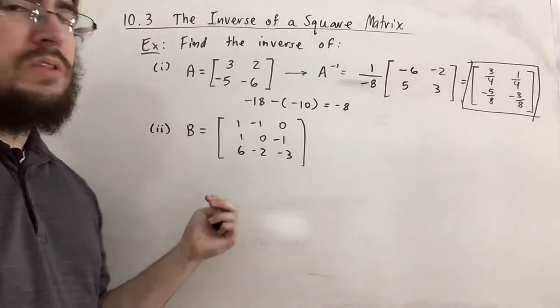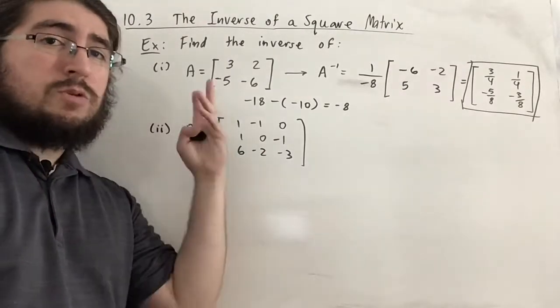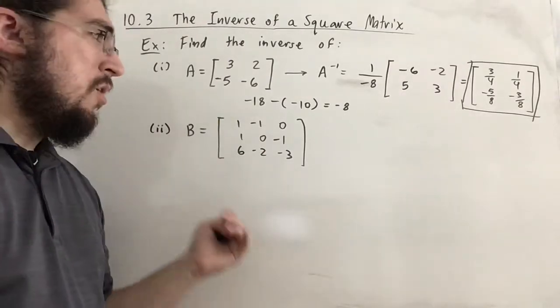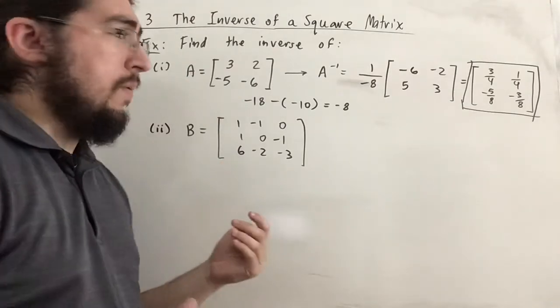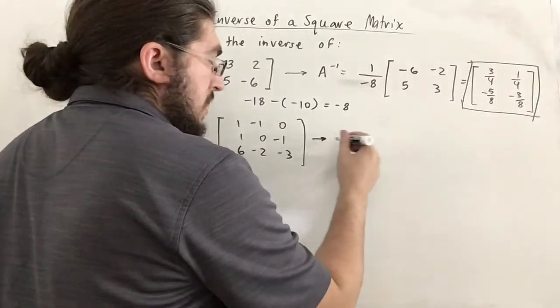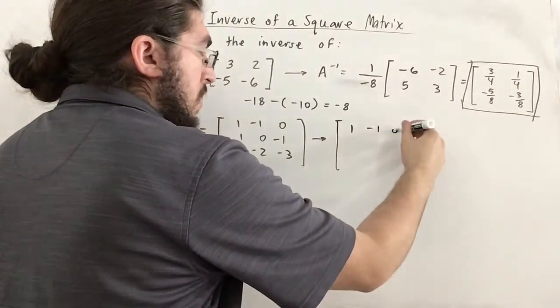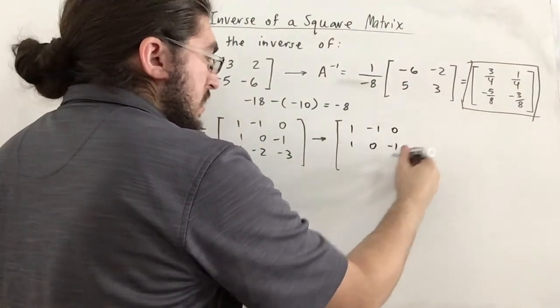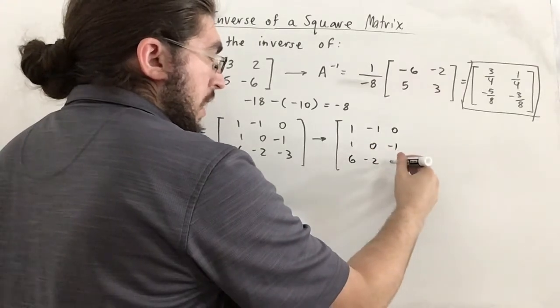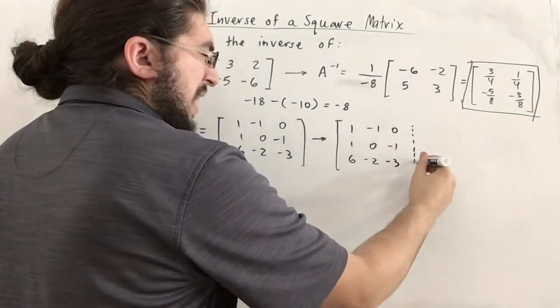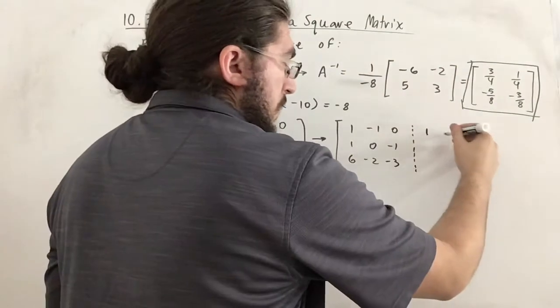Now for part 2, this is not a 2 by 2, so unfortunately we can't use a quick shortcut. Instead, we have to use that process I was talking about, where we have this kind of setup: we write our original matrix on the left, and we write the identity separated by some dotted lines. I think I use a solid line, but it doesn't really matter.